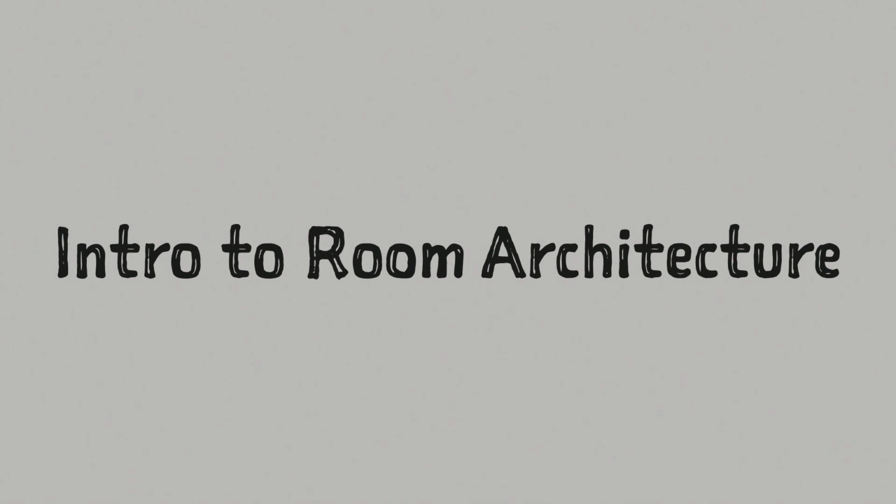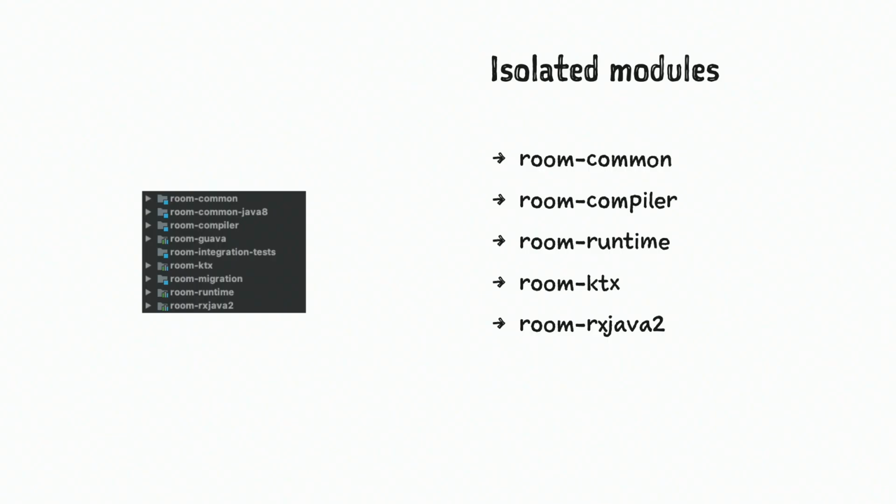And this is the top part of our layers, which is Room and the Room architecture. Room is divided into separate modules. I gave the whole list on the left side. It's a little small, I know.